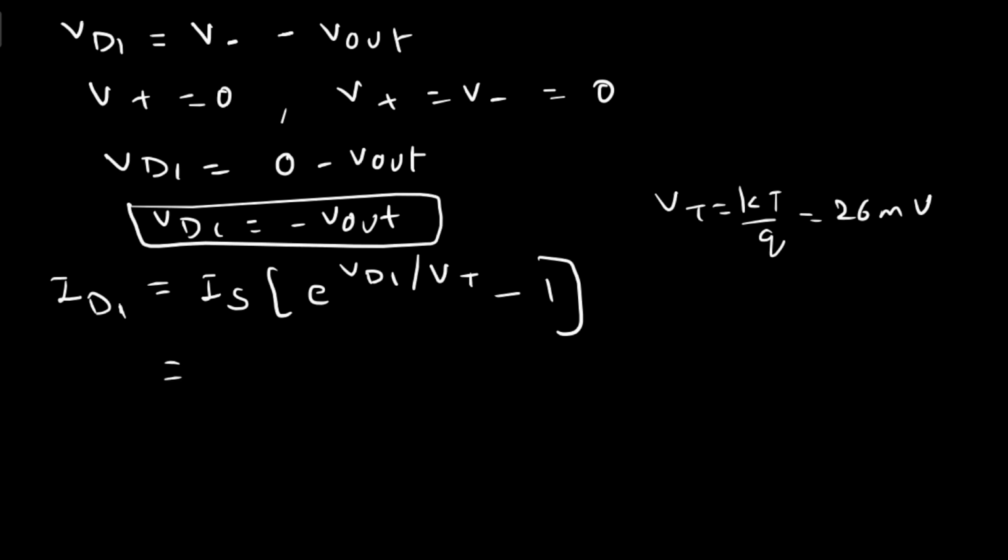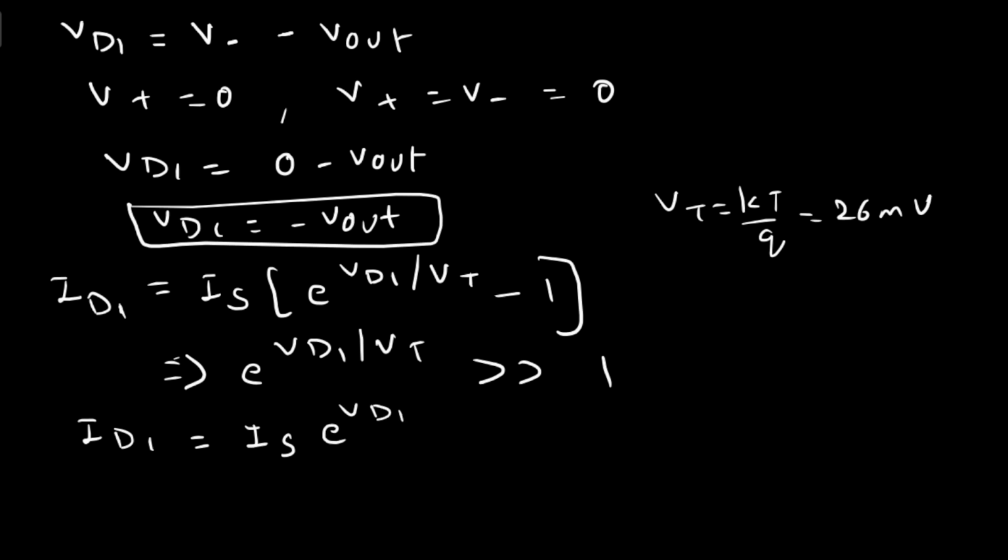Here e power VD1 by Vt is much greater than 1, so you can write ID1 equals Is, the reverse saturation current, approximately times e power VD1 by Vt. But we already determined VD1 equals minus Vout. So now you can write ID1 equals Is e power minus Vout by Vt.